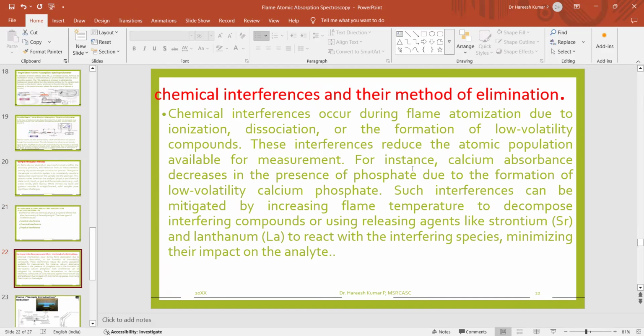For instance, calcium absorbance decreases in the presence of phosphate due to the formation of low volatility calcium phosphate. Such interference can be mitigated by increasing the flame temperature to decompose the interfering compounds or using releasing agents like strontium and lanthanum to react with the interfering species, minimizing their impact on the analyte.